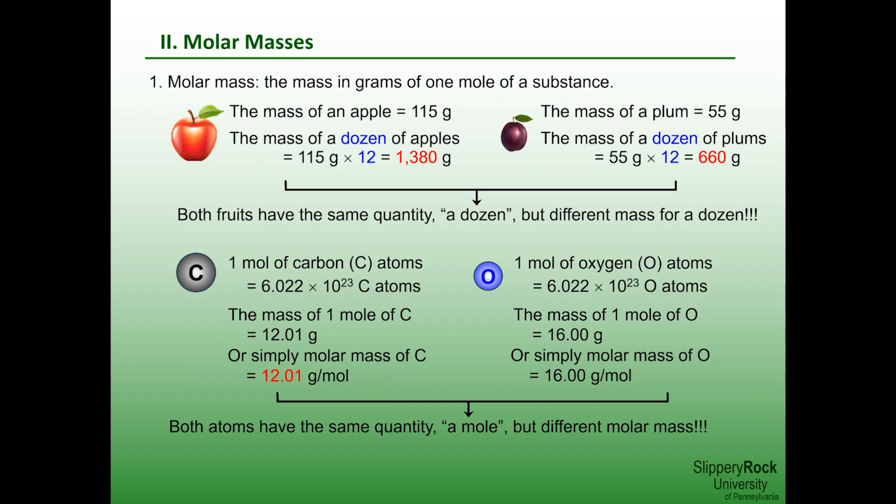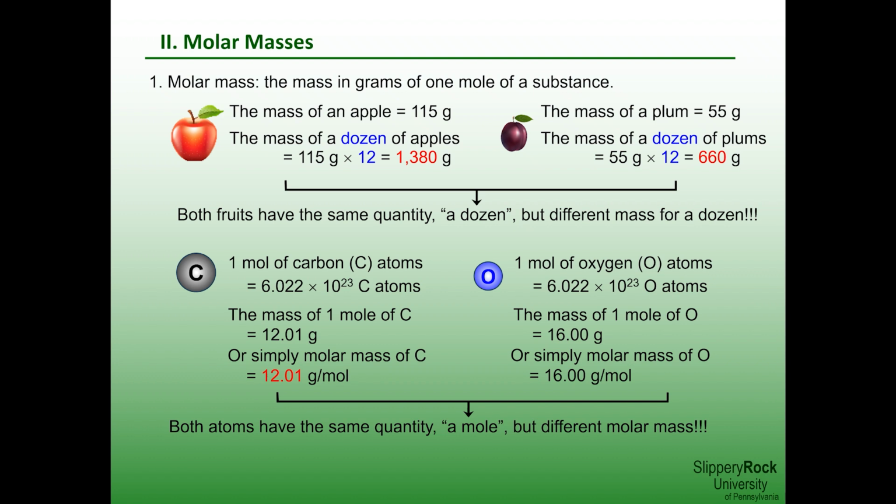So here's the key point. Just like apples and plums, where a dozen refers to the same number but gives a different total mass, in chemistry, a mole always refers to the same number of particles, 6.022 times 10 to the 23rd. But the total mass depends on what kind of atoms or molecules we are talking about.